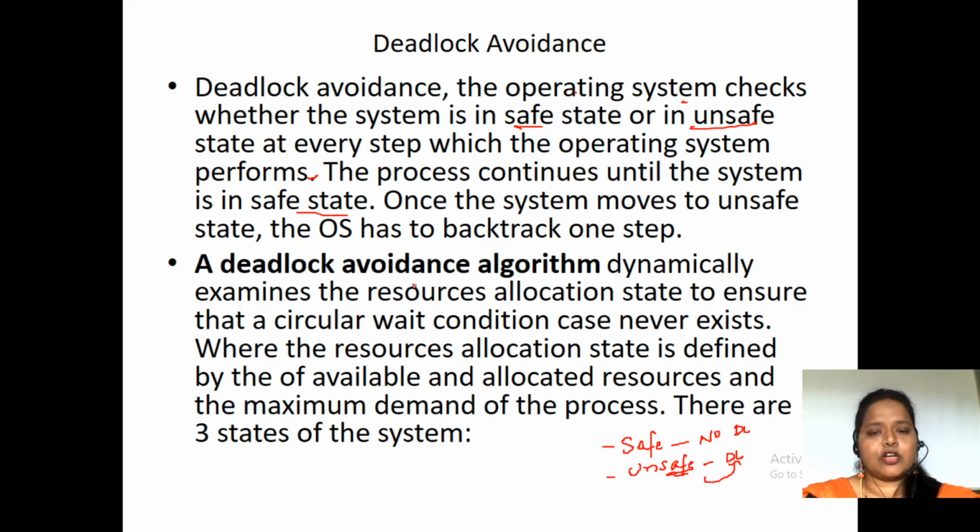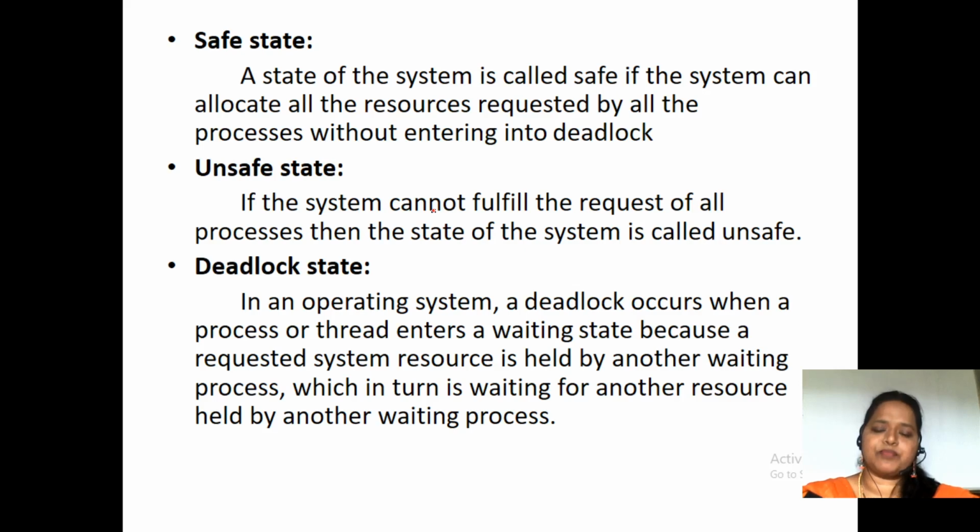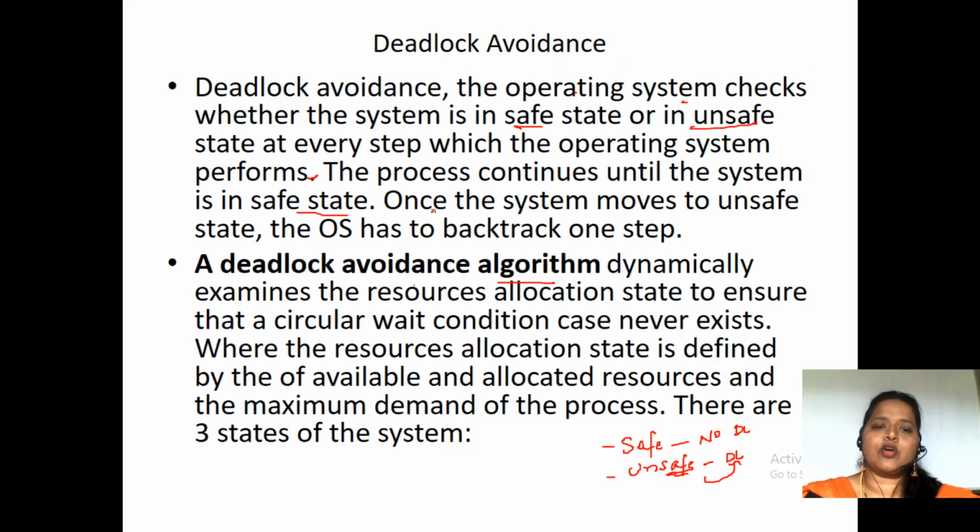So what is a deadlock avoidance algorithm? This algorithm dynamically examines the resource allocation state. When we talk about this deadlock avoidance algorithm, what we discuss is the resource allocation graph, is it not?